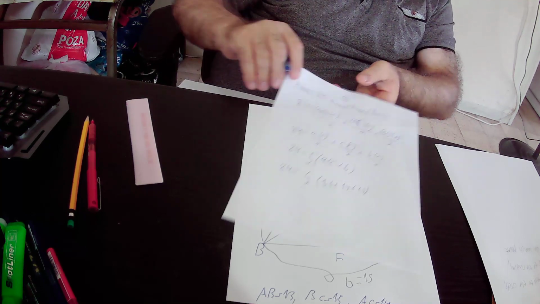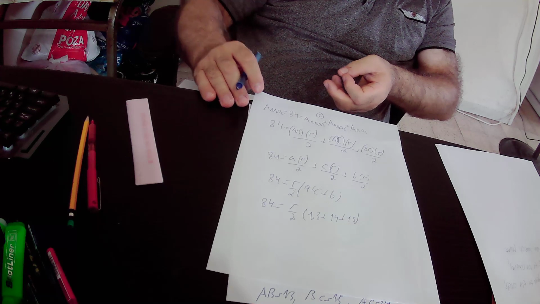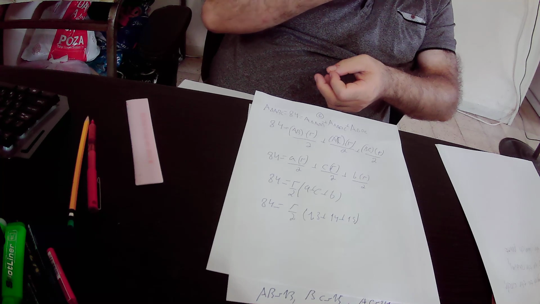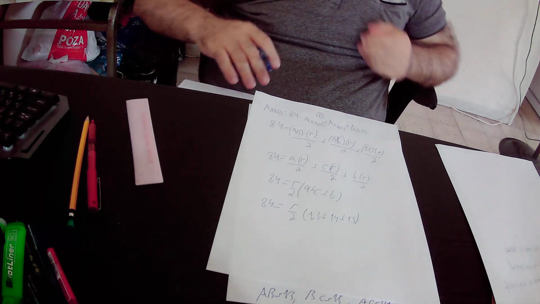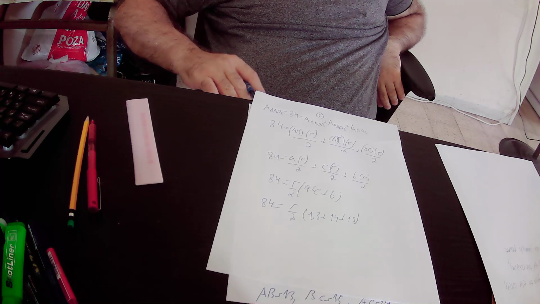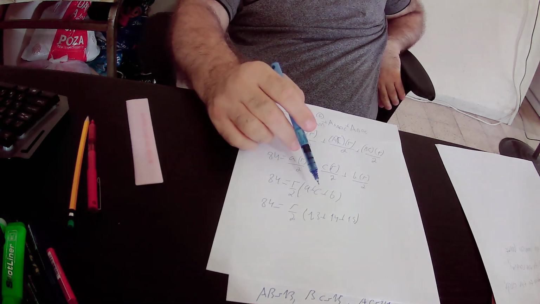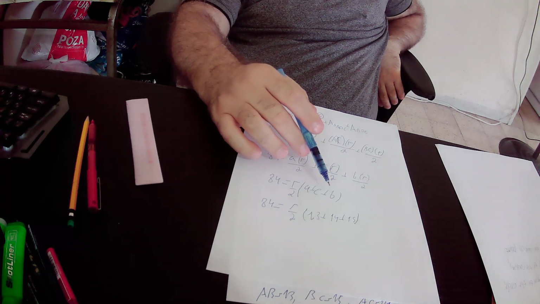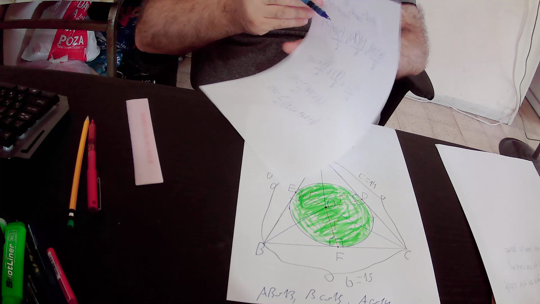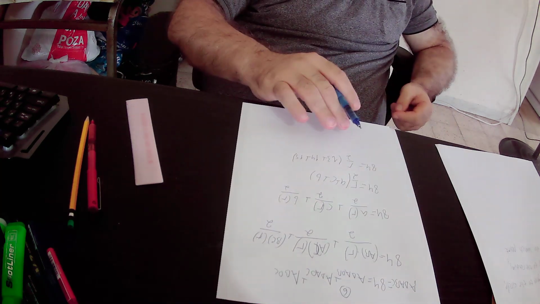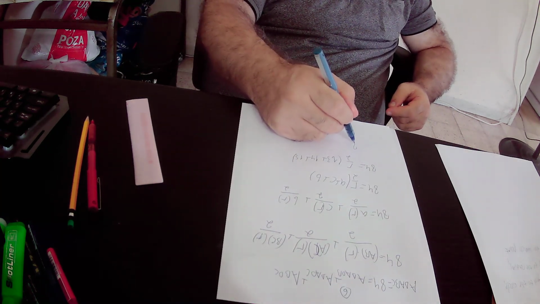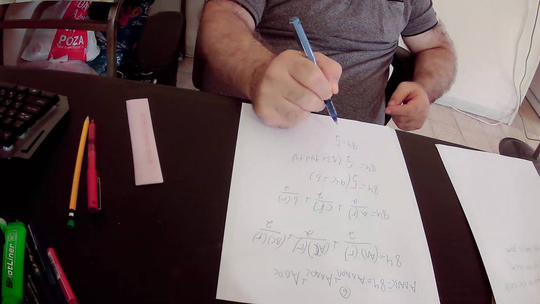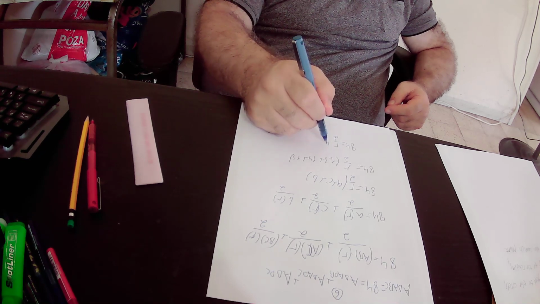So we got that 84 equals R over 2, and in the brackets we have 13 plus 14 plus 15. So 13 plus 14 is 27, and 27 plus 15 is 42, so I write it down. In total we will get that 84 equals R over 2 times 42.